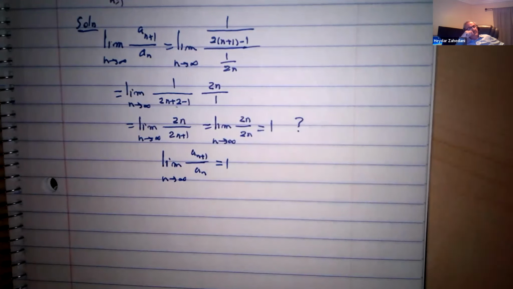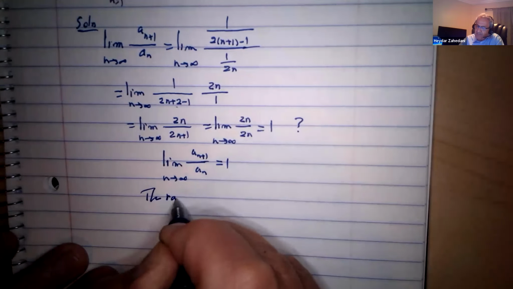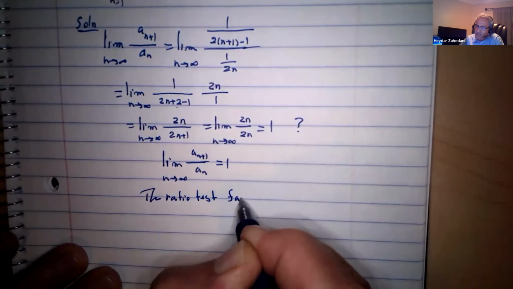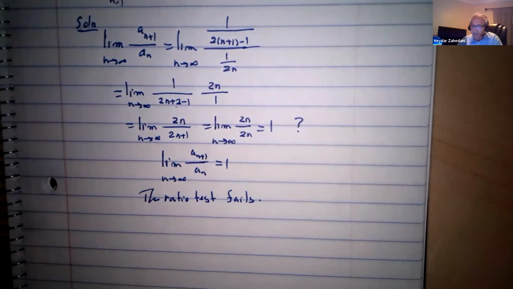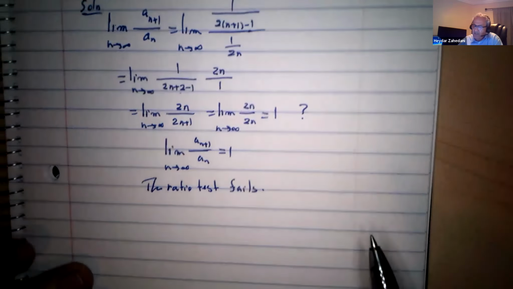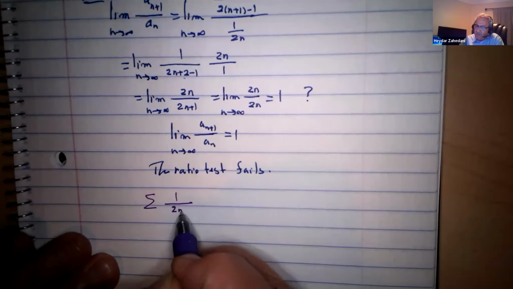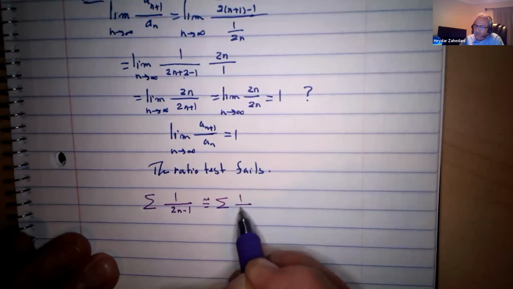We can only use it when it's less than 1 or greater than 1. So this means the ratio test fails, and you cannot use it. So you have to start over. You have to think about what I'm going to do about it. So that was the wrong test. Let's start over again. You realize that, oh, this is very much, if I shrink it, like 1 over 2n.